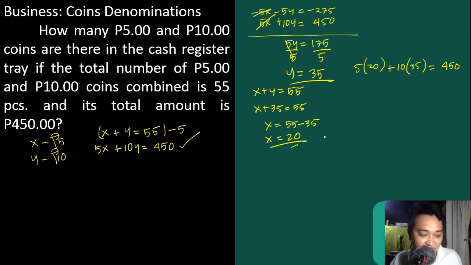So let us try. 5 times 20 is 100, plus 10 times 35 is 350. 100 plus 350 is actually equivalent to 450. There you go. So our answer is correct.